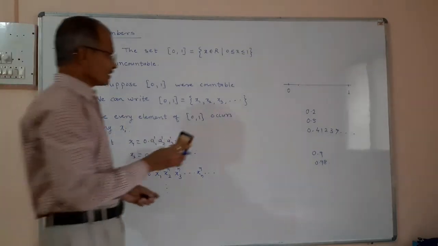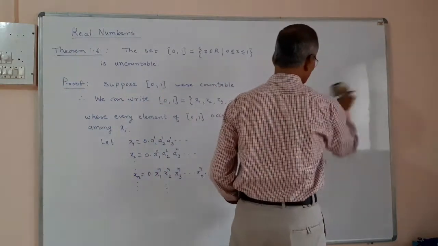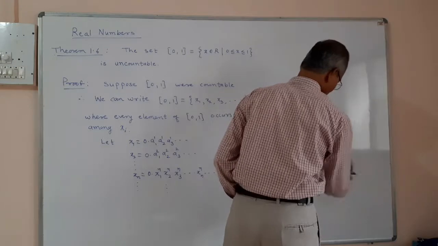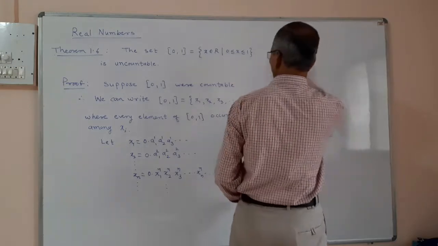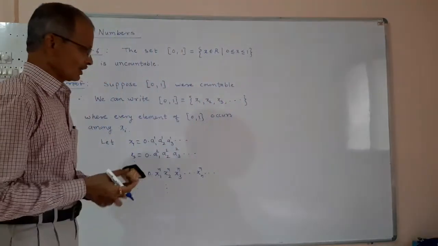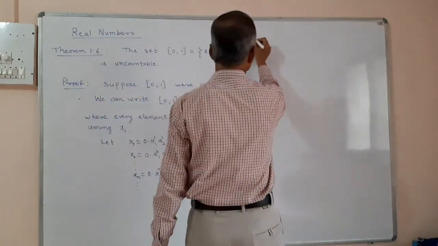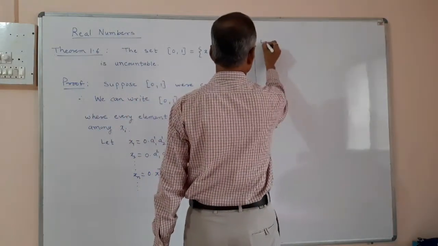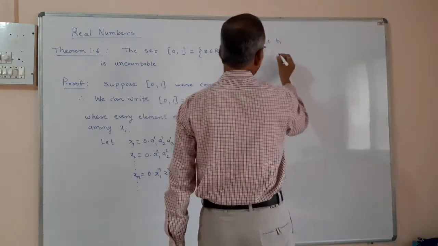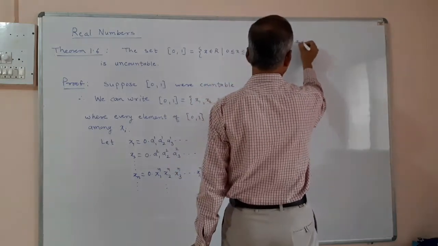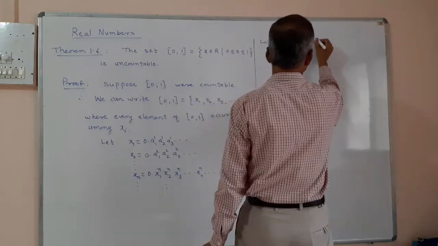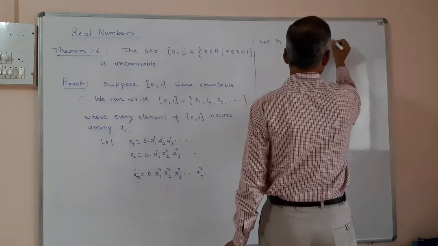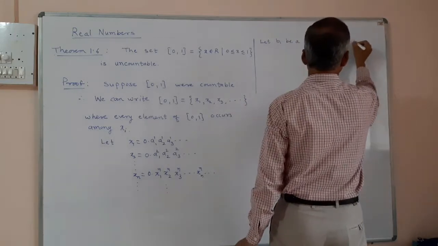Now we will consider another formation of a decimal representation of a number between 0 and 1. For that purpose, let b1 be a digit between 0 and 8.